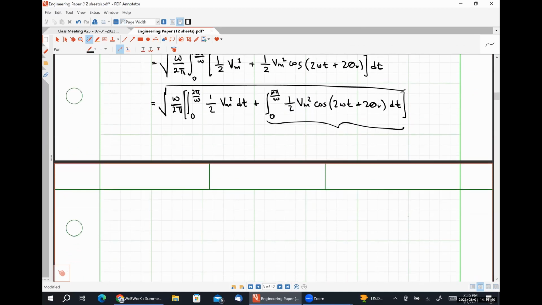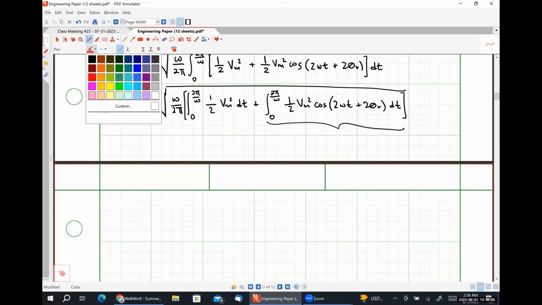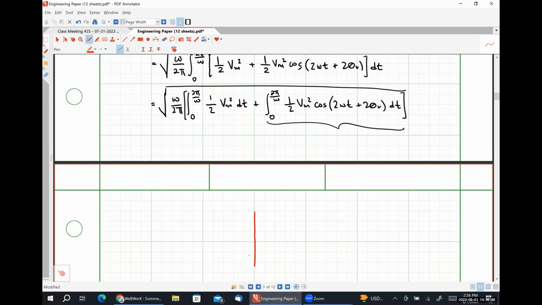So I'm going to plot this thing just really quickly. For the sake of argument, let's make v of t a cosine function with a phase angle of 0, right? So it would be something like this.